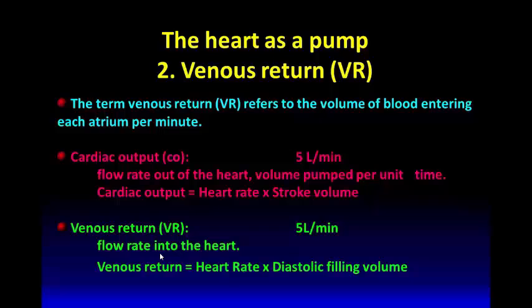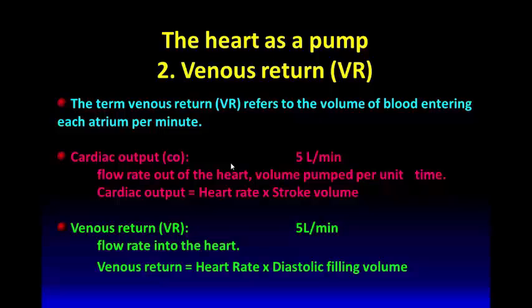Thus, the term venous return refers to the volume of the blood which enters each atrium or which enters each ventricle per minute. Cardiac output at rest is approximately 5 liters per minute, and this is the rate of flow out of the left ventricle and out of the right ventricle into the circulation.